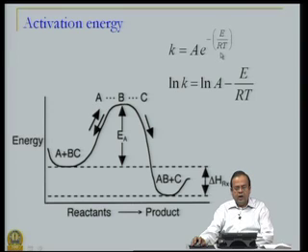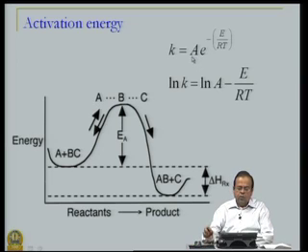There are various other theories with slight modifications, but this was Arrhenius when he initially proposed it. It is a purely empirical relationship. Now there is transition state theory, collision theory and so on, where the dependency is slightly different.